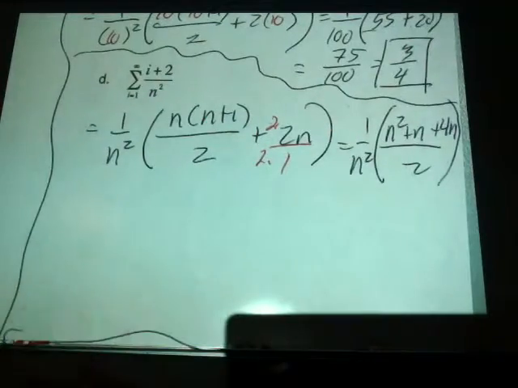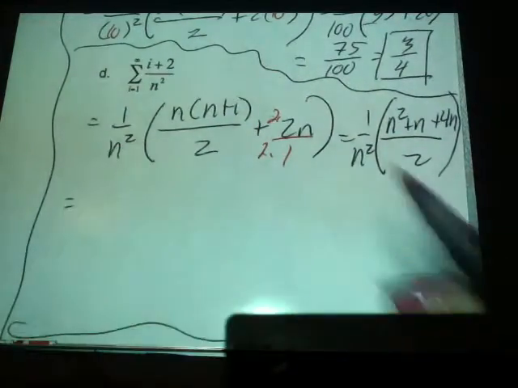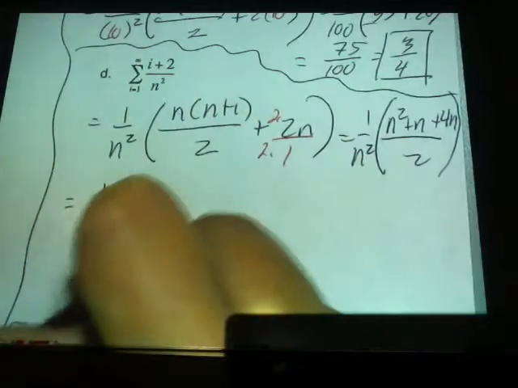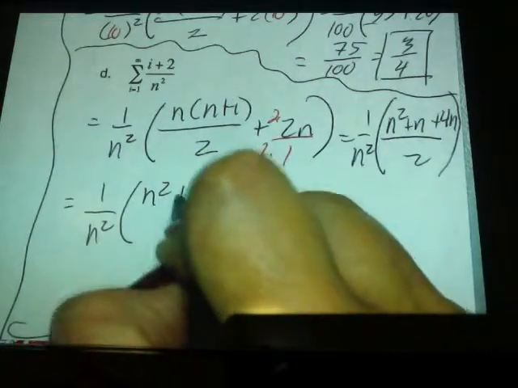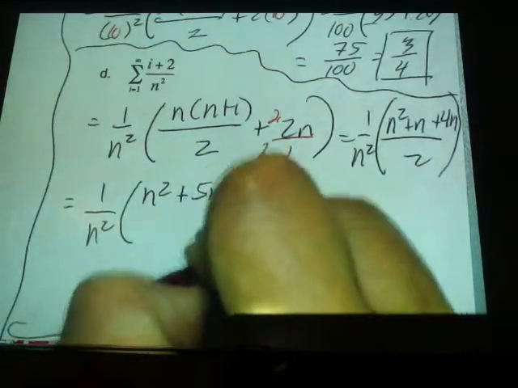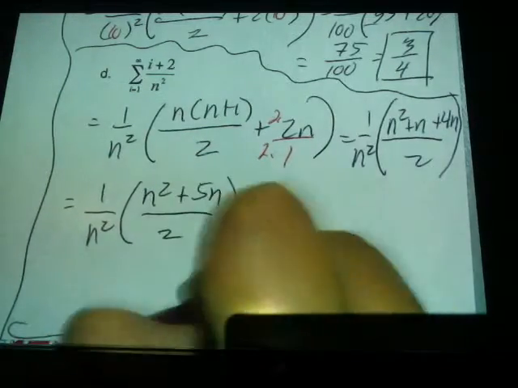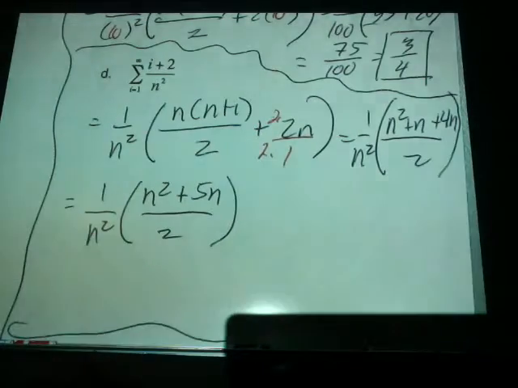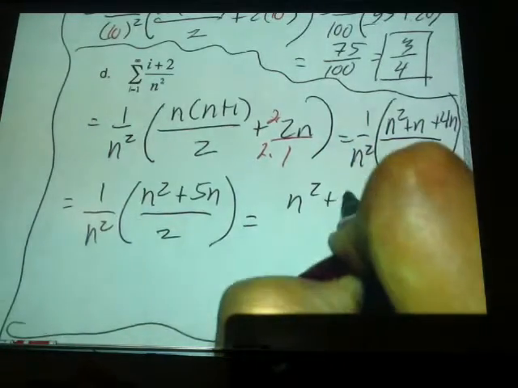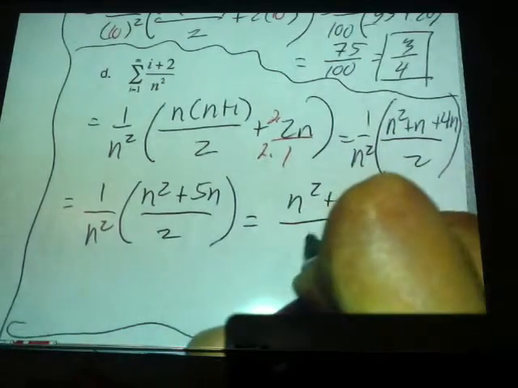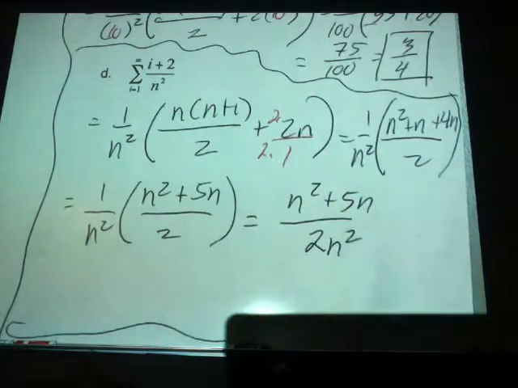Do I have some like terms? 1 over n squared times, I can combine the n and the 4n, so I've got n squared plus 5n all over 2. Now I can multiply, right? So I end up with finally n squared plus 5n all over 2n squared.